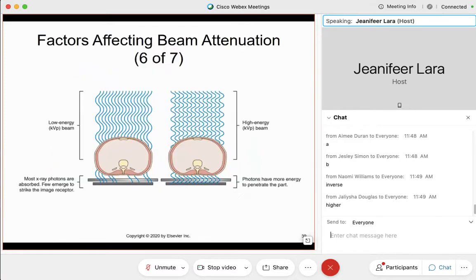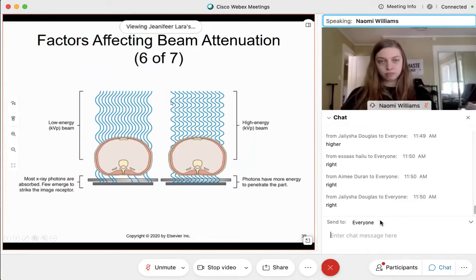So let's take a look. Which one of the two has a higher frequency? The left or the right? The right. Look at the waves. 1, 2, 3 versus 1, 2, 3, 4, 5.